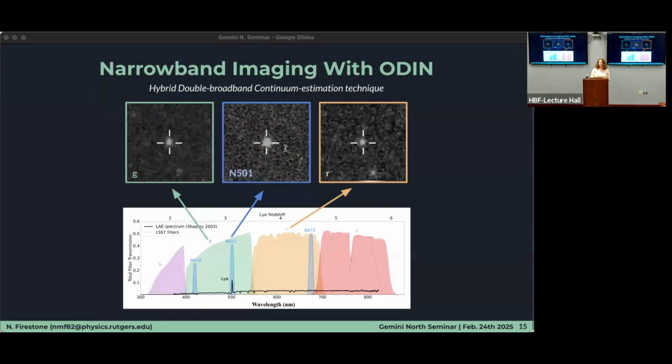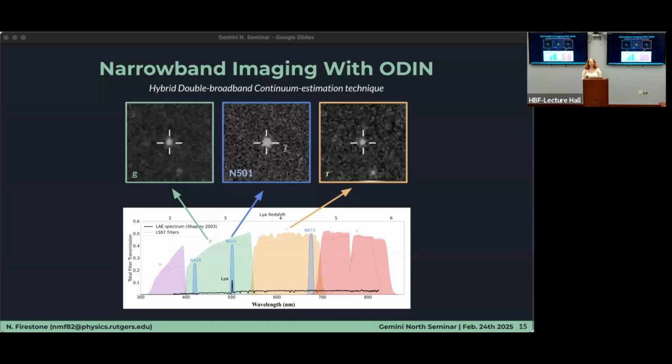And basically what this means is we take 2 broadband filters that are nearby to the wavelength where we would expect to see Lyman alpha, and we either interpolate or extrapolate between those 2 filters to estimate what the continuum might look like at the location of the narrowband filter. That's where this hybrid double broadband continuum name comes from.